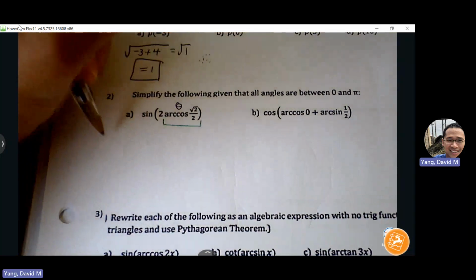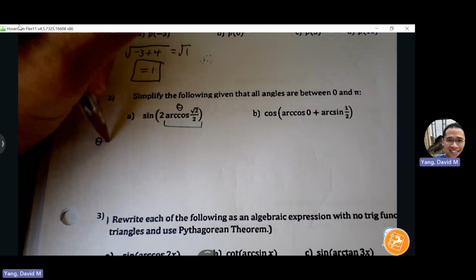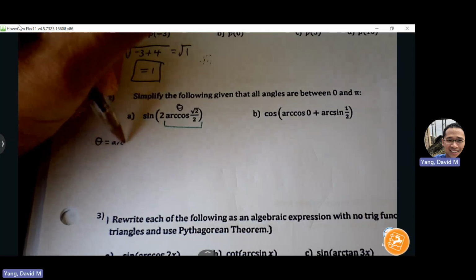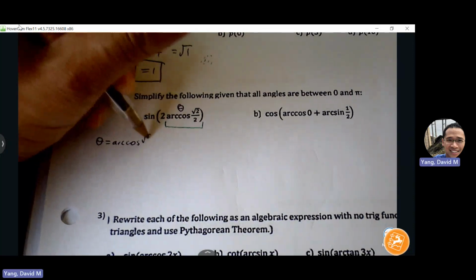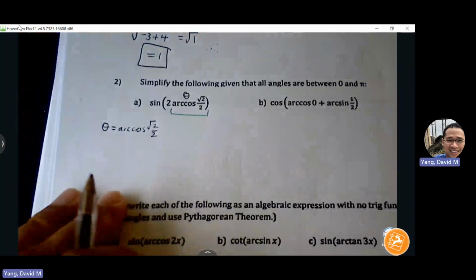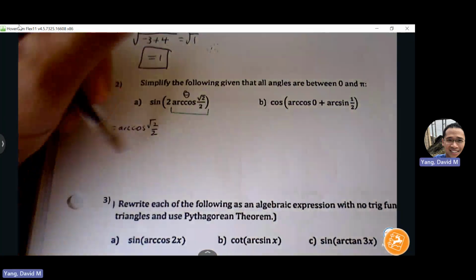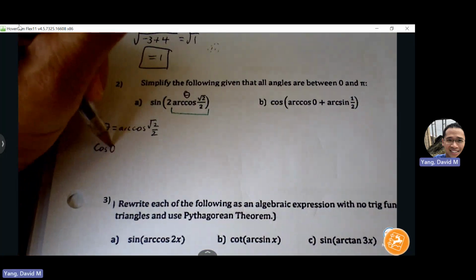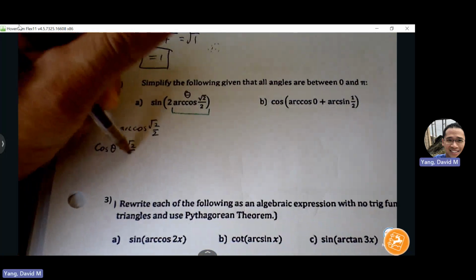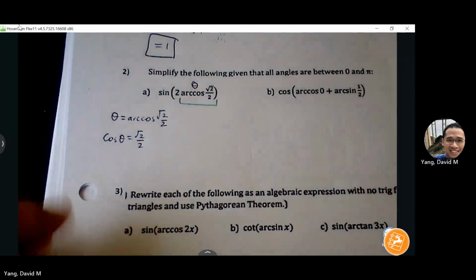So if I just focus my attention on that, theta is equal to arc cosine of root 2 over 2. So this is saying, where is cosine equal to root 2 over 2? So what's theta equal to?